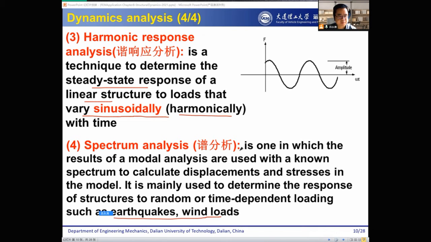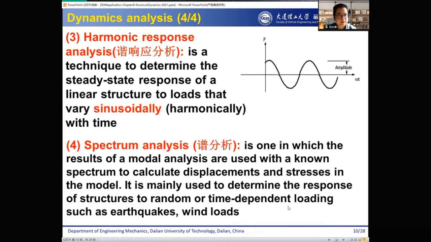So here, the results of the modal analysis, which we said is the first analysis, are used as the input, and then we calculate displacement and stress in the model. It is used to determine the response of a structure to random or time-dependent loading. For example, if the structure is under earthquake or wind load, then we can do the spectrum analysis.